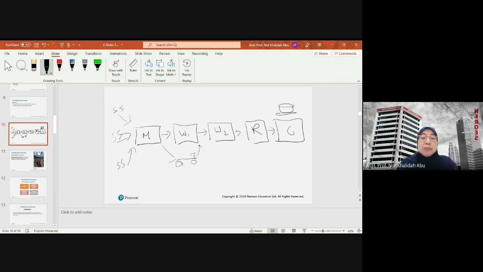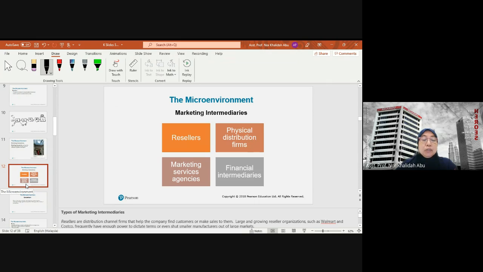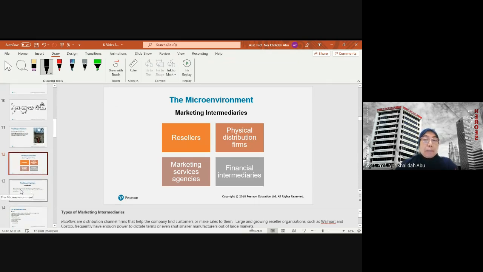But you can also have the financial intermediaries. These are the ones that give you finance in between the whole distribution from one party to another. Okay, and then you can even have your marketing services agencies. These are probably either buying agents or selling agents on your behalf. So anything that happened to them could have impact on you, okay, positively or negatively.